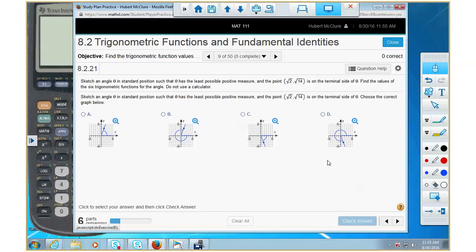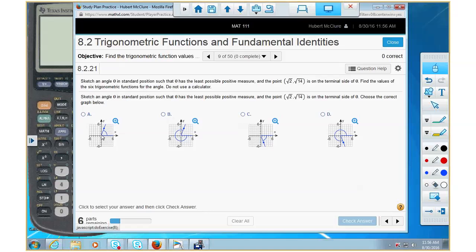All right, so here we go. Which one is it? Well, they're both positive, so which quadrant is it in? It could be A or B, so you need to take the square root. Square root of 2 is 1.41, so it's going to be this one. Unless, no, it could be this one. And then this one, square root of 14: square root of 16 is 4, so that's about 3.8. So we're looking for around 3.8.